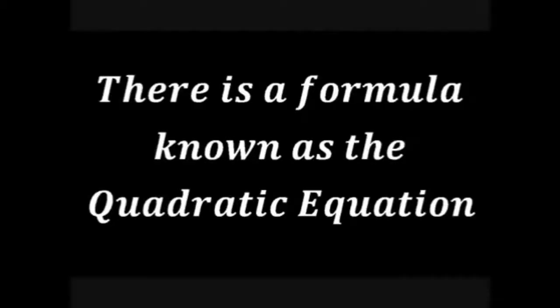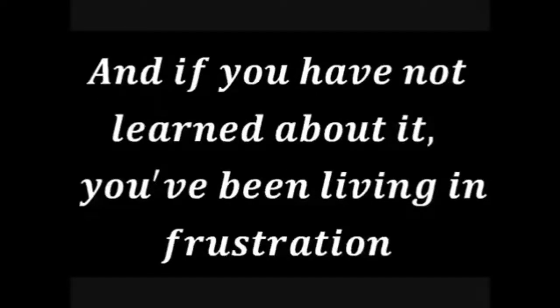I'll do even better. I'll sing it for you. There is a formula known as the quadratic equation. And if you have not learned about it, you've been living in frustration. I want to tell you about it. Oh, 'cause you can't live without it.